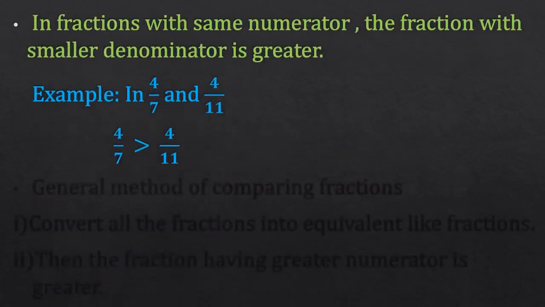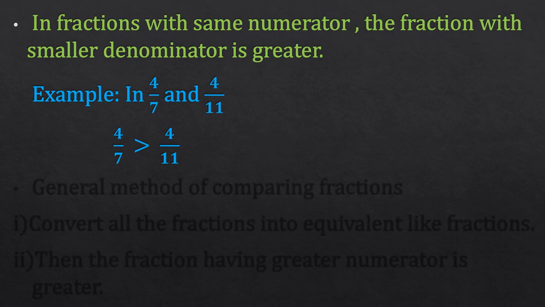Next point is, in fractions with same numerator, the fraction with smaller denominator is greater. Previously we did the case when we have the same denominator. Now we are doing when we have the same numerator. If we have the same numerator, the fraction with smaller denominator is greater. Okay, 4 upon 7 and 4 upon 11.